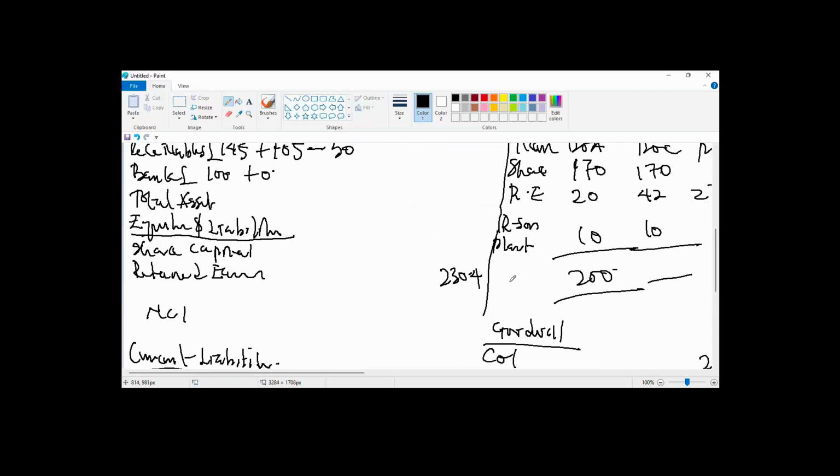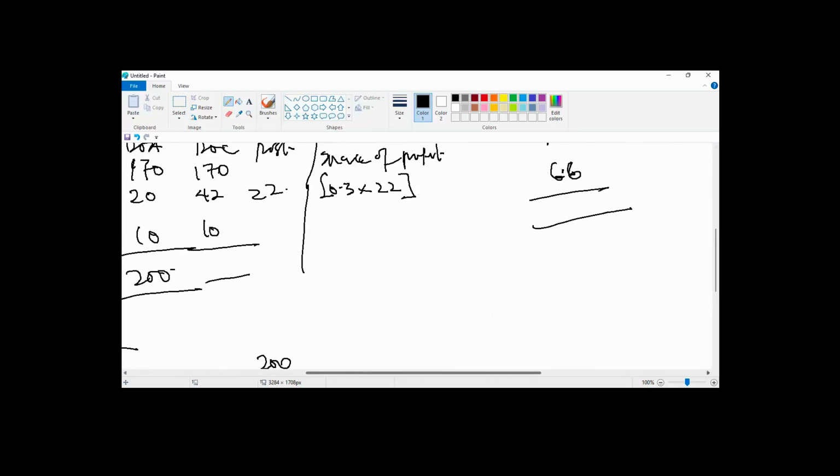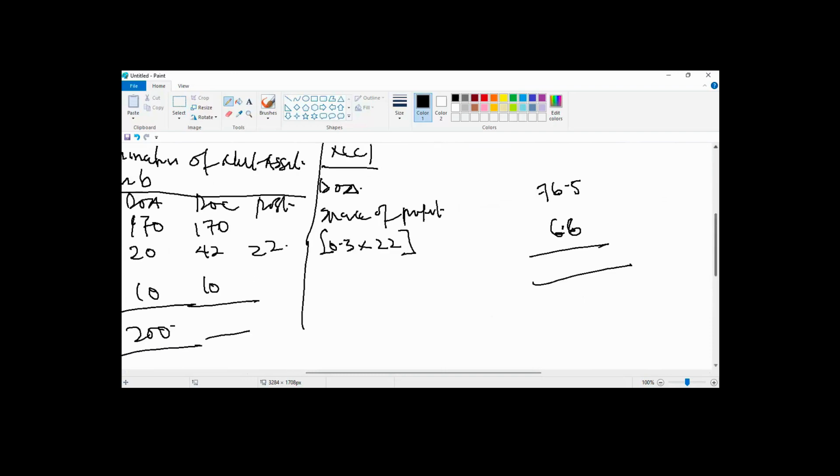What is the share capital? 700. NCI: 76.5 plus 6.6, 83.1.